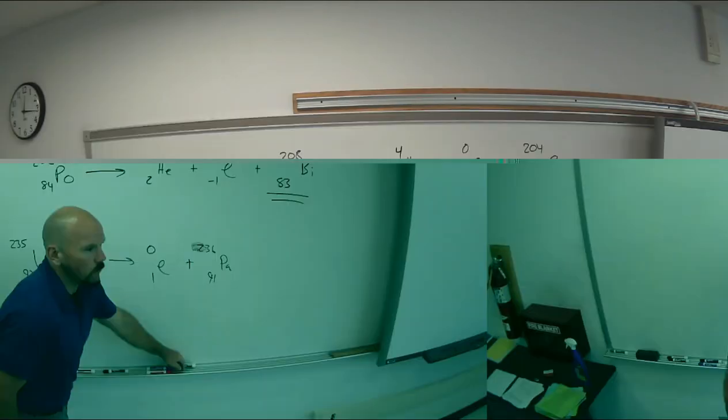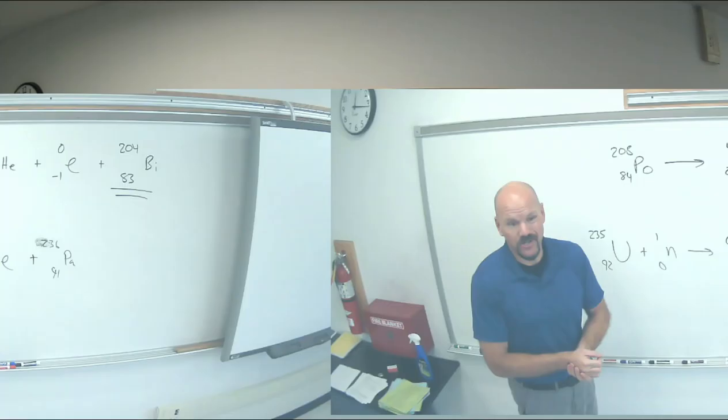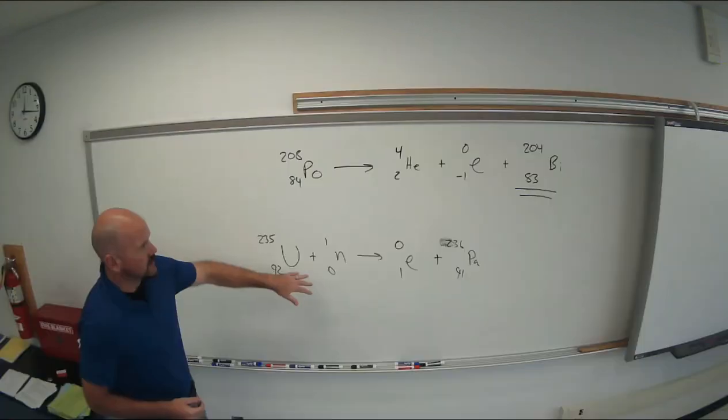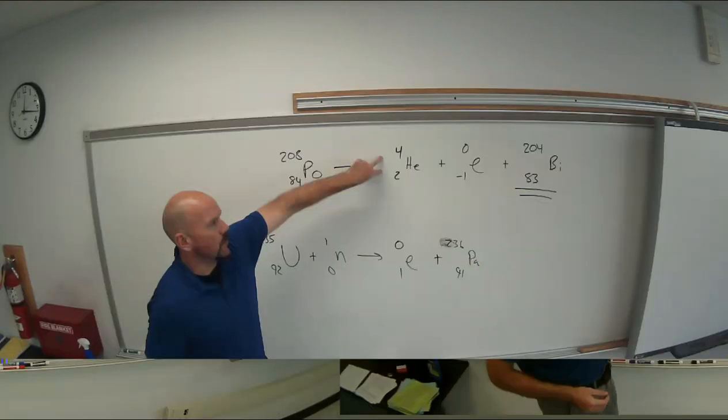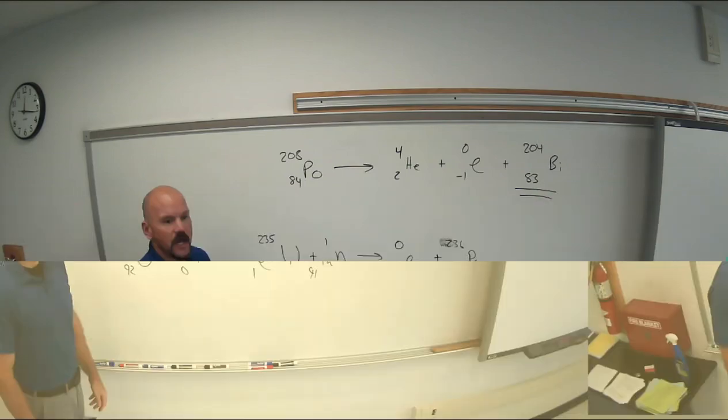What you want to remember is what an alpha particle is, what a beta particle is, what gamma radiation is. Kind of just remember how to write them in terms of our isotope notation. This is how I write an alpha particle, this is how I write a neutron, this is how I write a beta particle, this is how I write a positron. Just things like that.